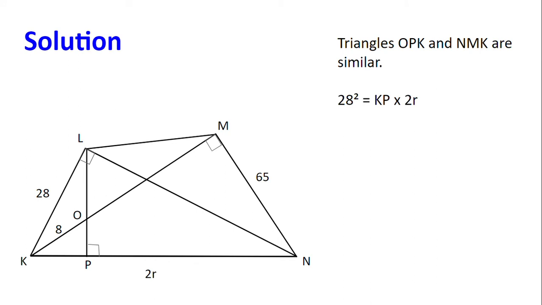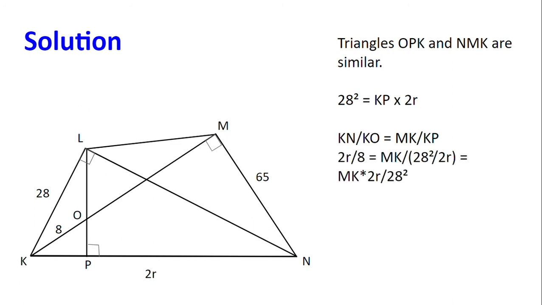Now, using the geometric mean theorem, or just Pythagoras, we find 28 squared equals KP multiplied by 2R.